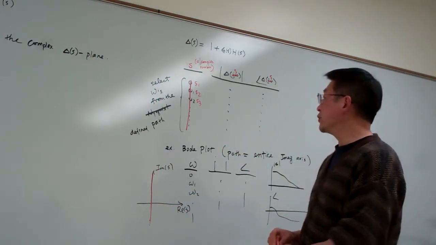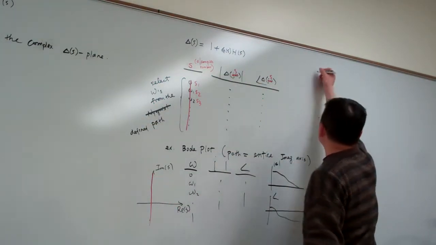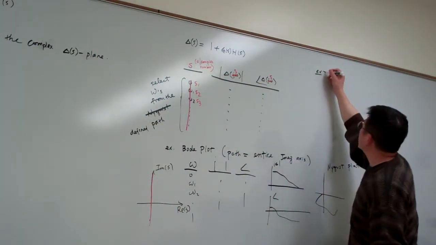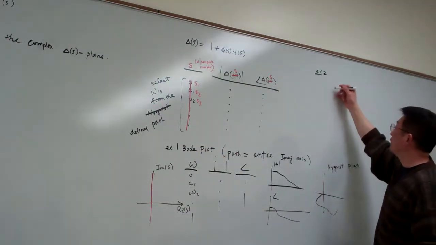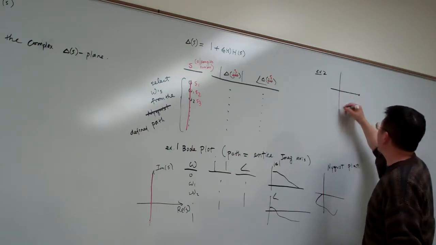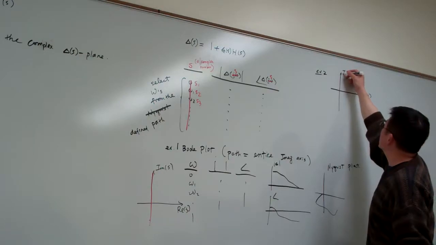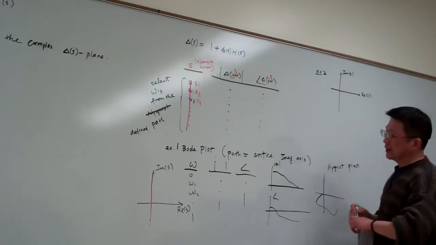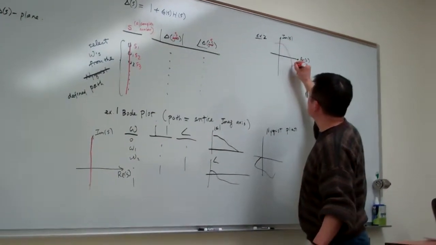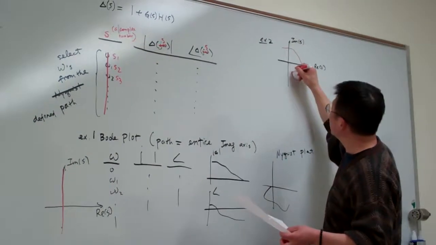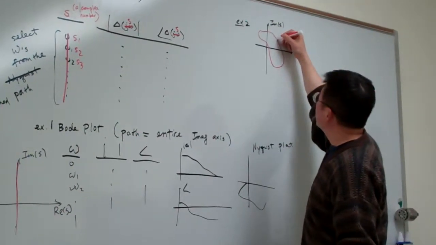In general, you can see from the exercises, we can make another example here. So this is example 1, and this is example 2. For example 2, we define our path on the real S and imaginary S axes, and the path can be like this. I just made it up.